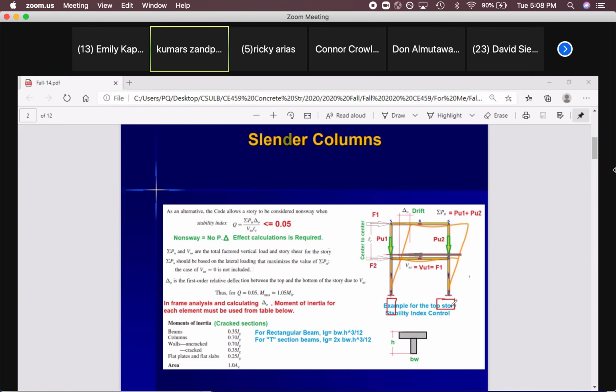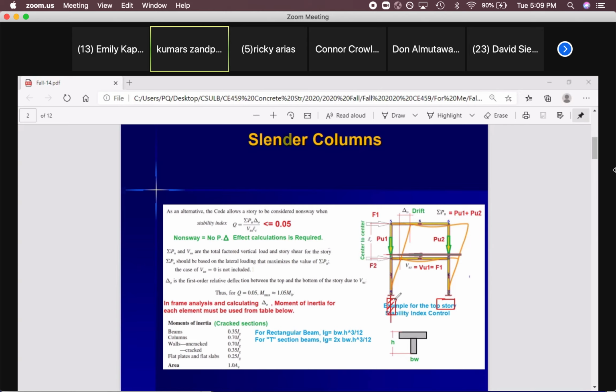So IG for this column means that bending is around this axis. This is the plan view of the cross section of the column, for example, 30 by 20.